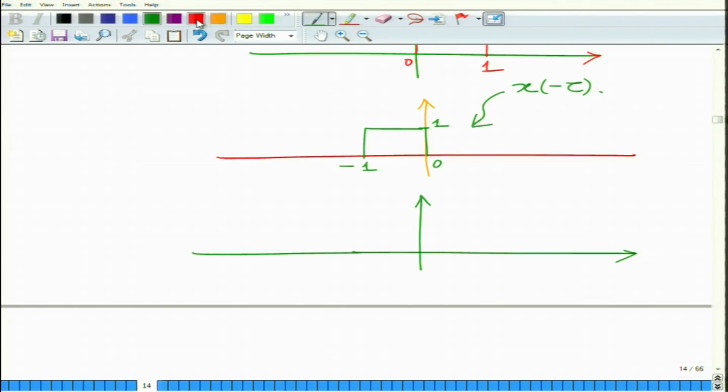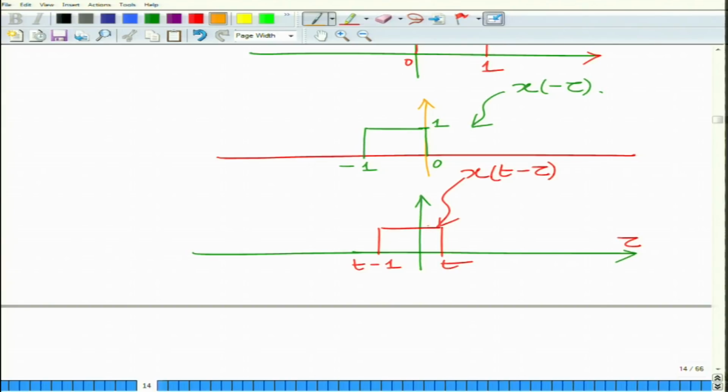So, x of t minus tau will be shifted to the right by t. So, this is t, this is t minus 1, and this is x of t minus tau. Okay. So, this is your tau axis, this is x of t minus tau.